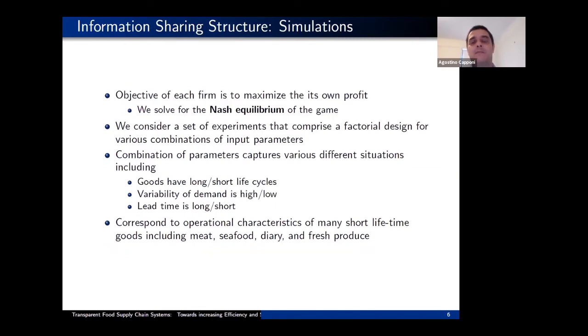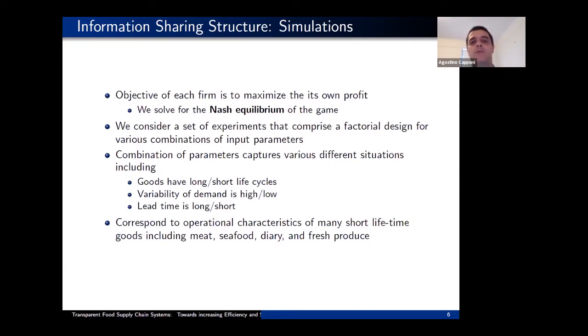And in this specific framework, we have done some preliminary analysis. We have first looked at the Nash equilibrium of this game. We can view this as a game between firms, and each firm is trying to maximize its own profit. There will be the supplier and the retailer. And we looked at a set of experiments based on various combinations of the input parameters, like the reordering point and the remaining lifetime of the inventory and so on.